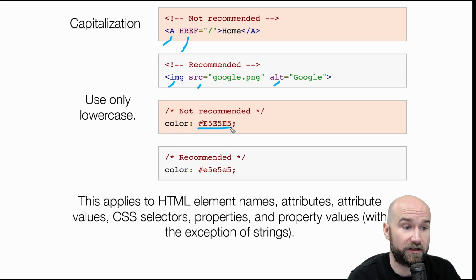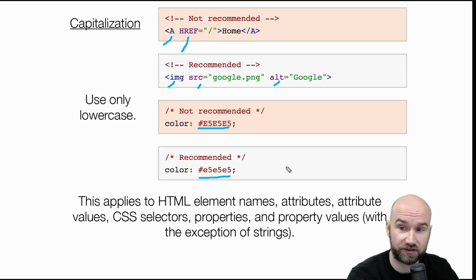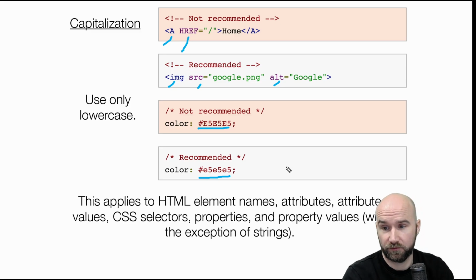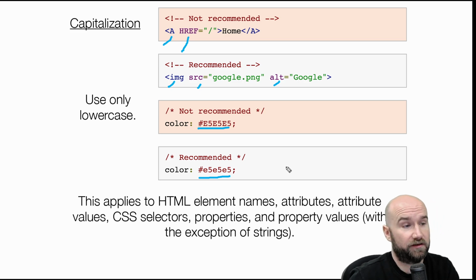Again, same here in our CSS value in our rule, we want to use lowercase. So it applies to HTML element names, attributes, attribute values, CSS selectors, properties, and property values. With the exception of, let's say, if you're putting a string in there that you're going to display, like the Google string over here.